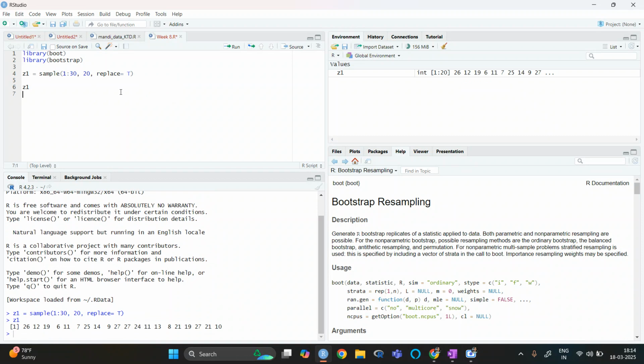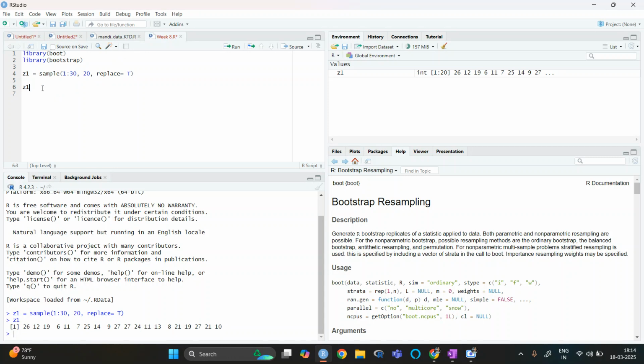So now this Z1 is our original sample. Our population is 1 to 30 and our original sample Z1 here is this. Okay, this is of size 20 because I have given size 20 replace true.